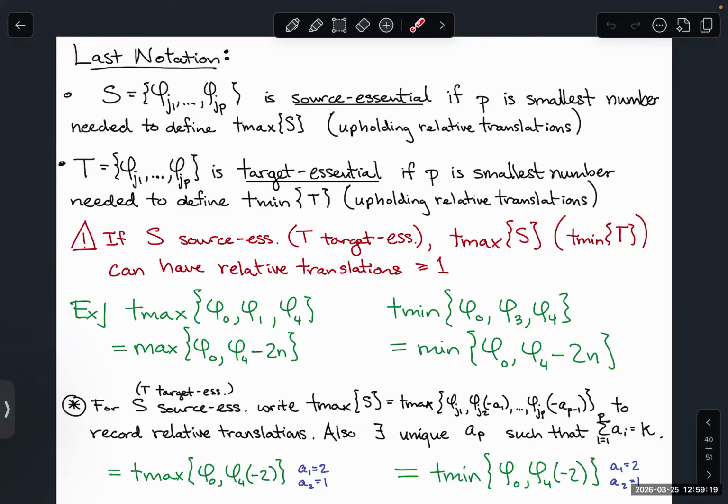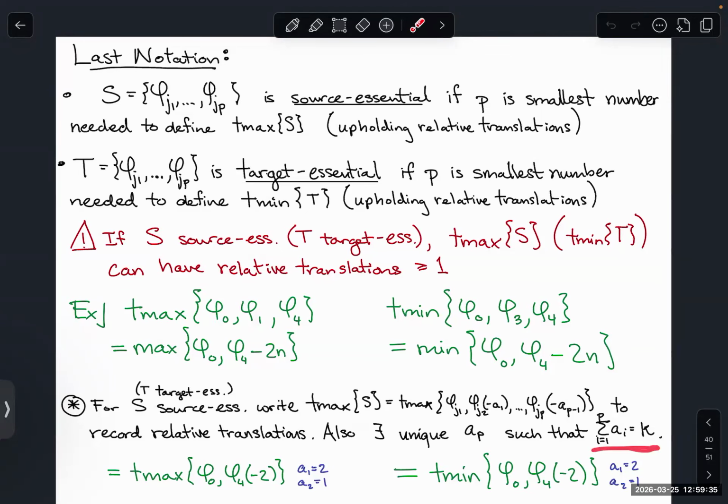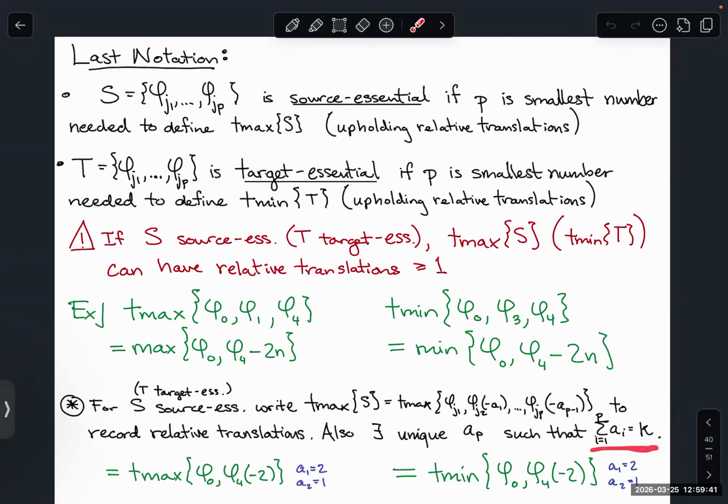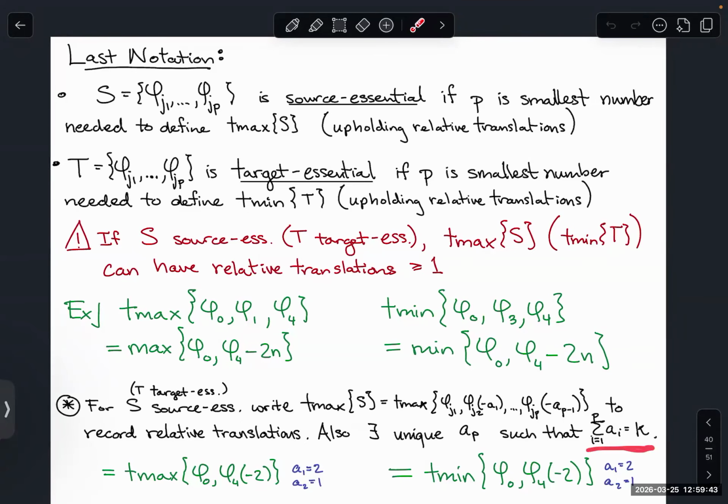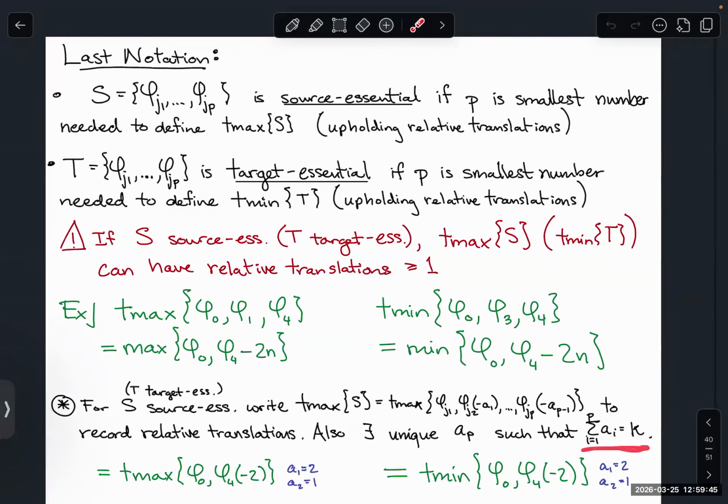And if we know our k, there's a unique AP, a unique pth term in this list of A1, A2, and so on up to p minus 1, such that the sum over all AI is equal to k. This is going to be the ingredient that we need to define exactly where our boundary condition is coming from when we do these T maxes and T mins.